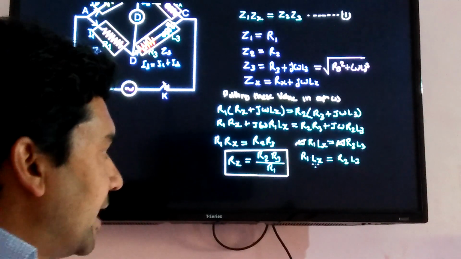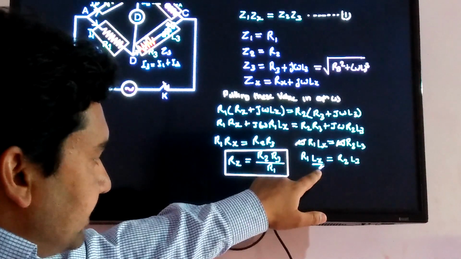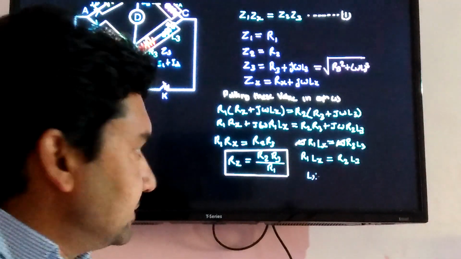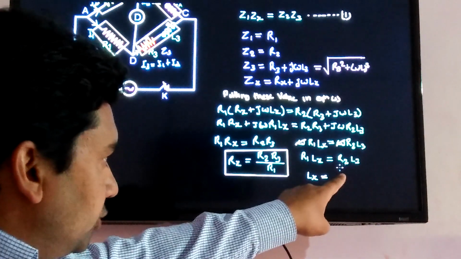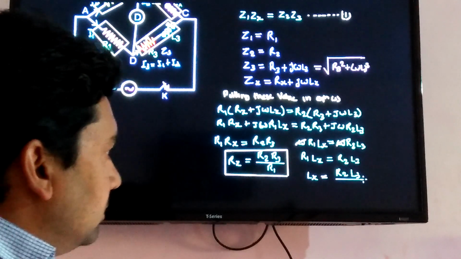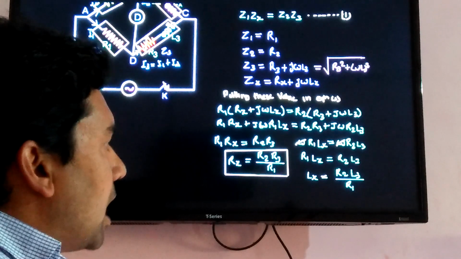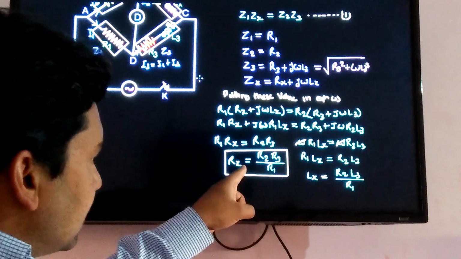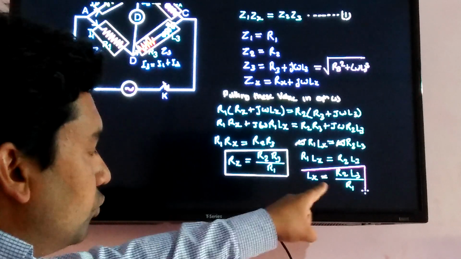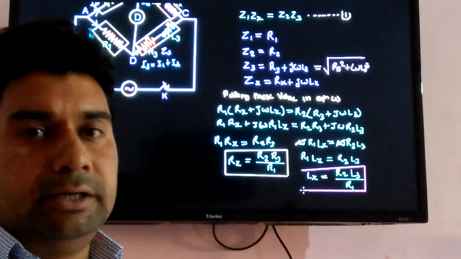Now we can find the value of Lx from this equation. So Lx is equal to R2 into L3 divided by R1. So this is the value of the unknown resistance, and this is the value of the unknown inductance.